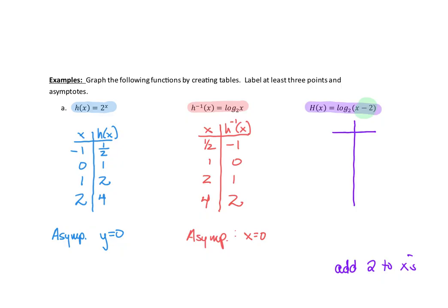So if we add 2 to 1/2, we get 2.5. We don't have anything on the outside, so all of my y's will stay the same. If we add 2 onto 1, we get 3. If we add 2 onto 2, we get 4. And if we add 2 onto 4, we get 6.